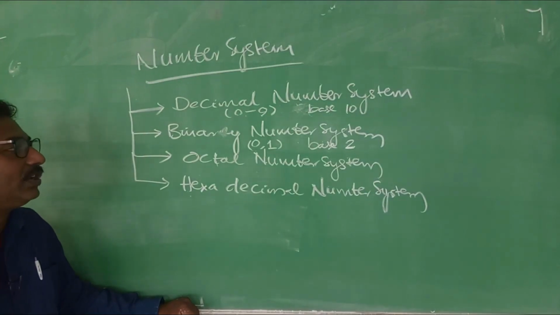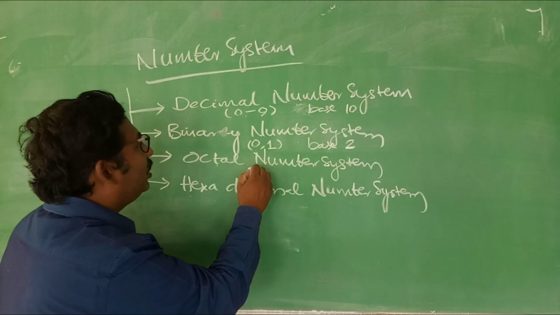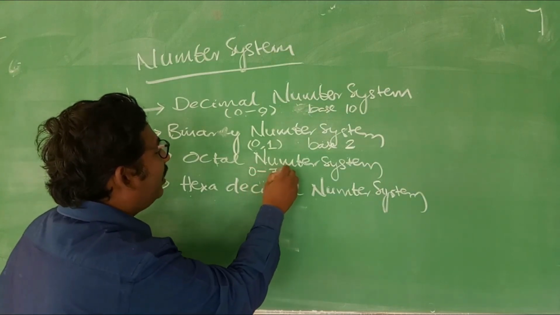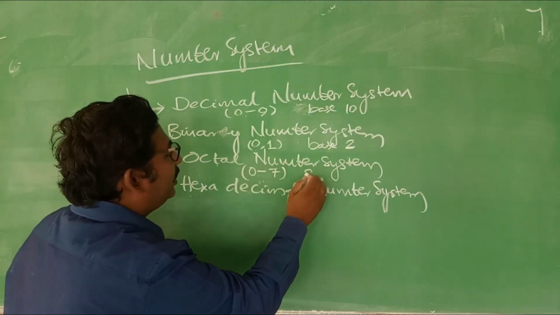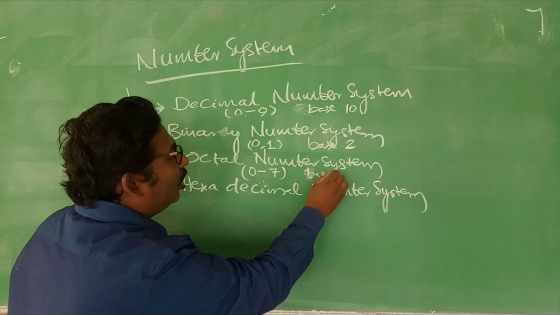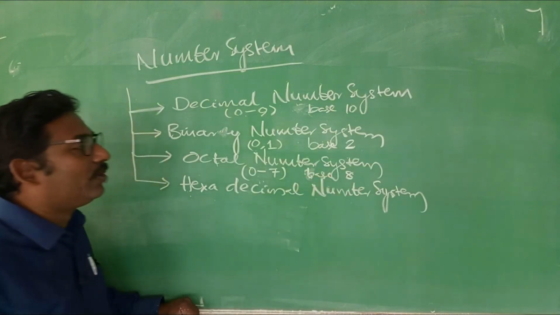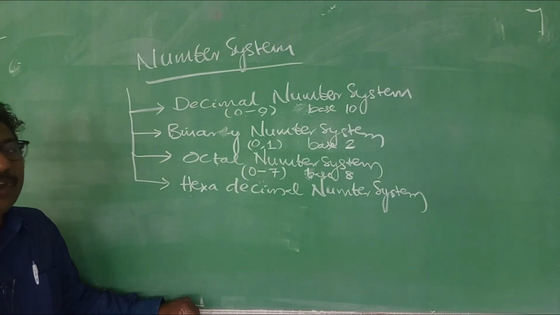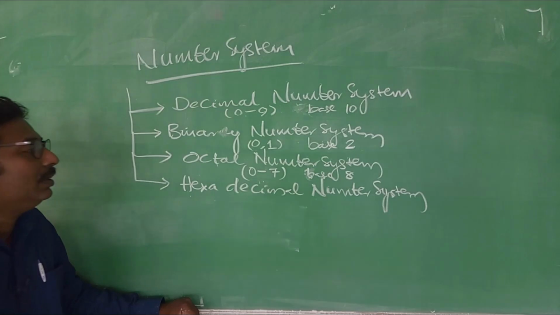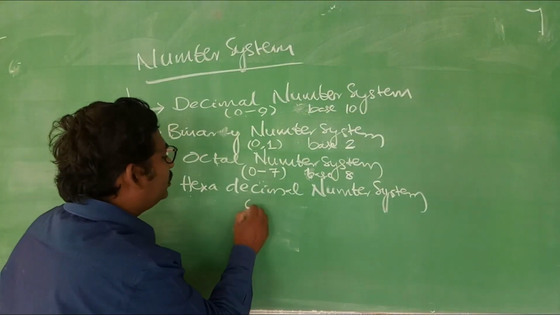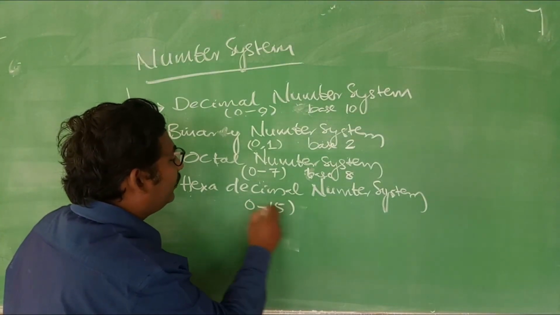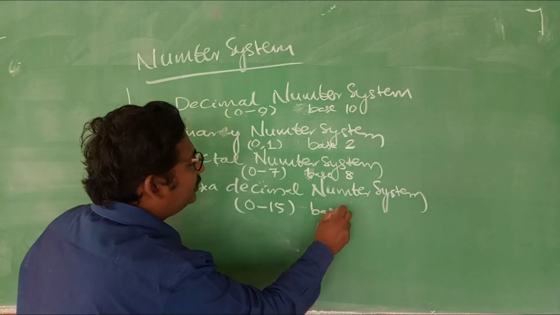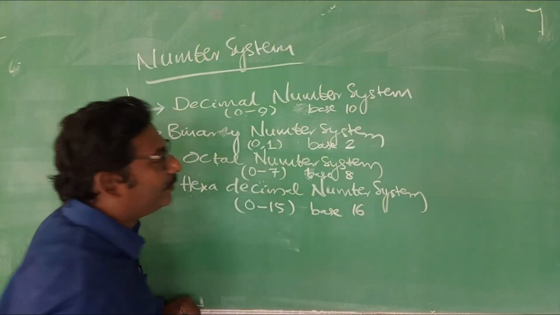Next comes the octal number system. The octal number system is 0 to 7 and the base is 8. Next comes the hexadecimal number system. The hexadecimal number system is 0 to 15, and the base is 16.